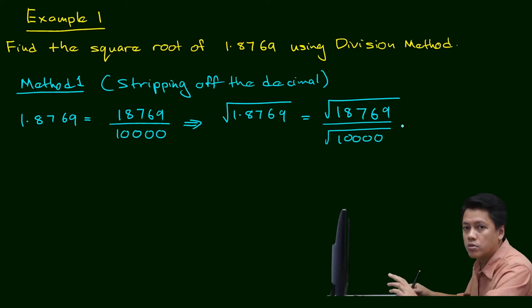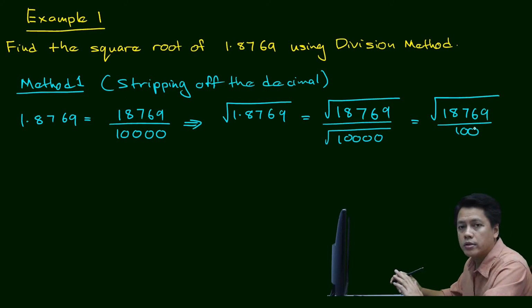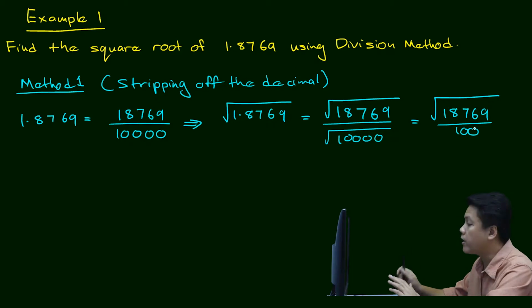And square root of 10,000 is equal to 100. So finally, that is equal to square root of 18,769 over 100.